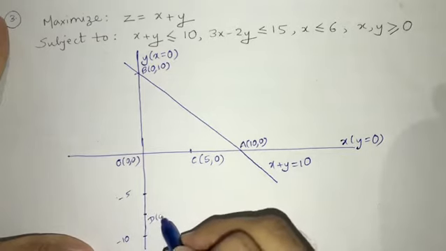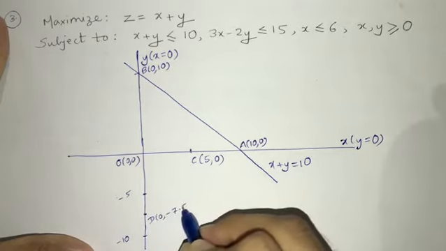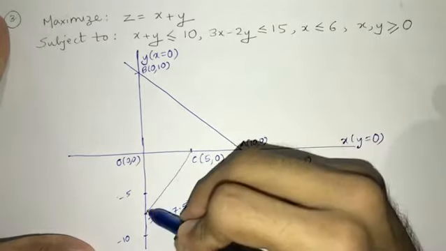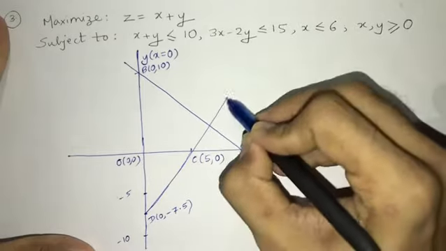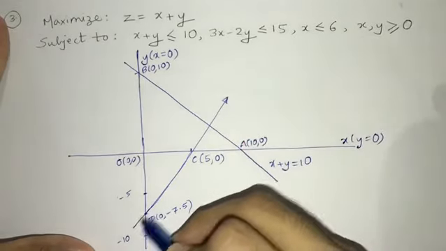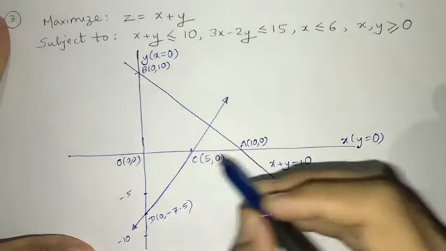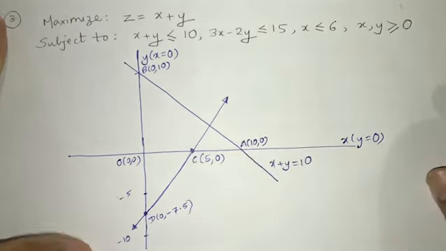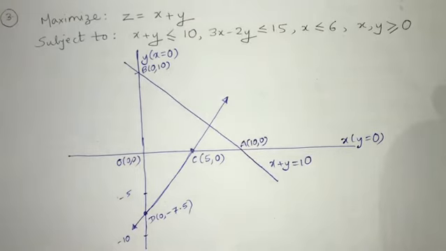So C is (5, 0) and D is (0, minus 7.5), and we get the second line like this.